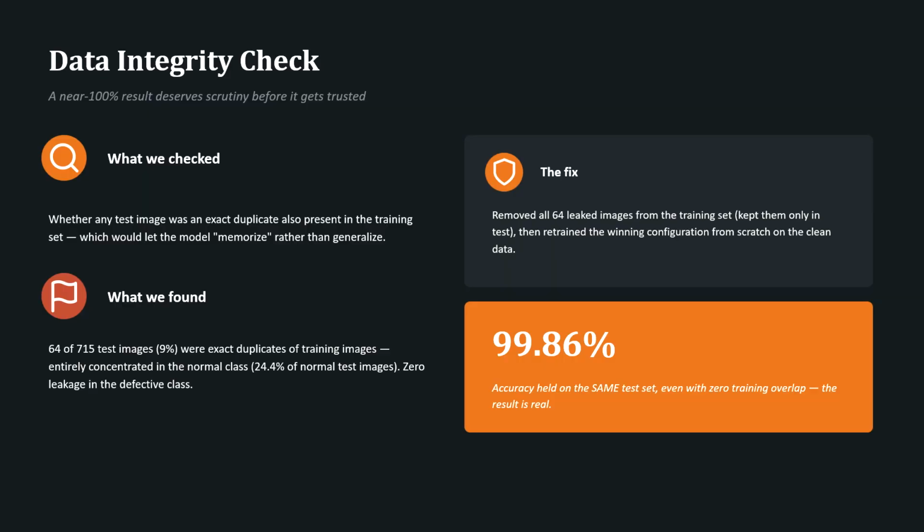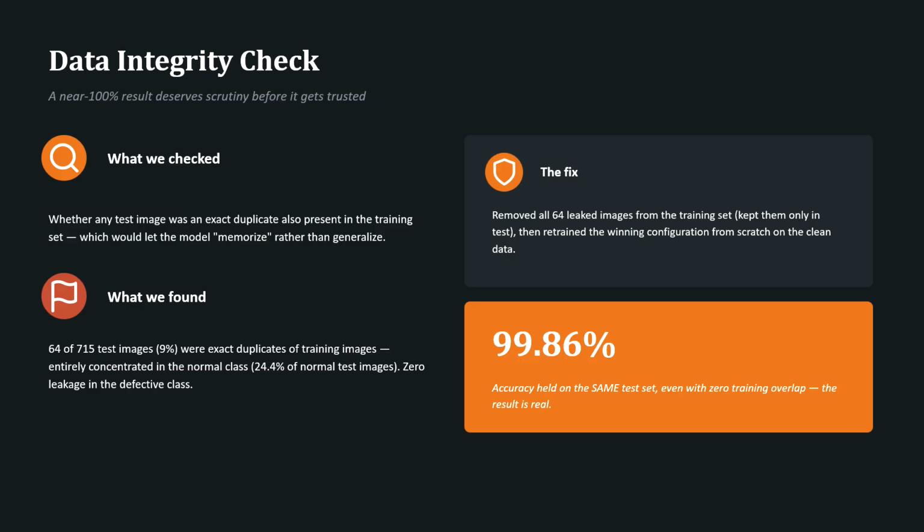Coming to the next slide, which is the data integrity check. Getting nearly 100% felt almost too good. So I checked for a common problem: whether any of my testing images had accidentally also ended up in my training data, which would let the model just memorize the answer instead of actually learning.